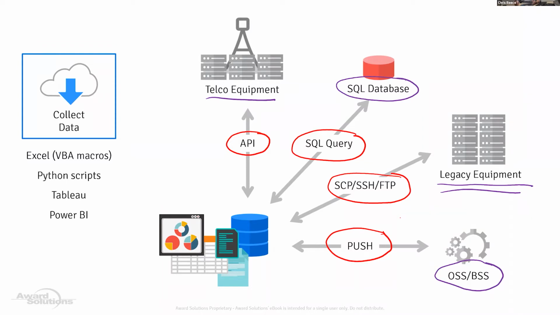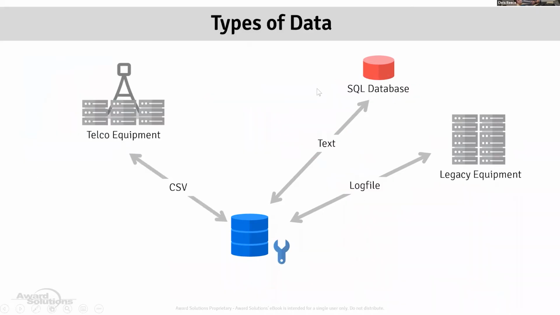This data could come in all different types of forms as well. For example, I might get my data as comma-separated data. I might have text data. It might be in some type of text log file. And so now I need to pull this data in and somehow massage it to where it's something that I can use.